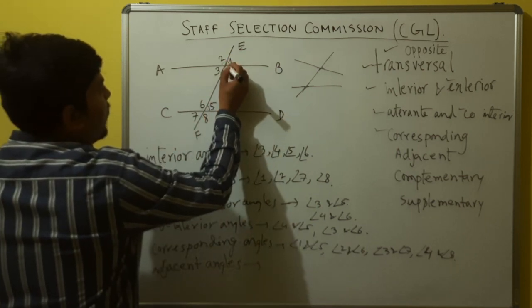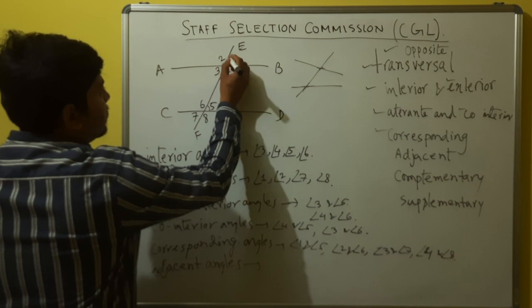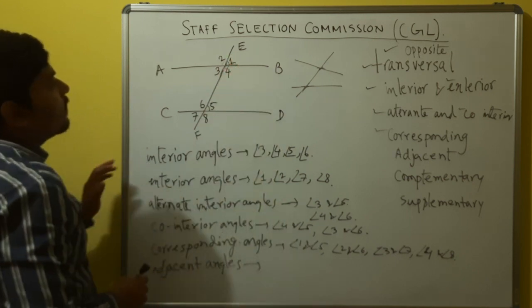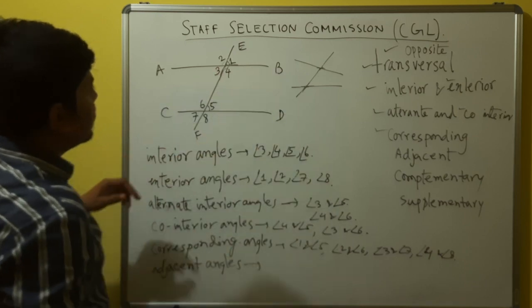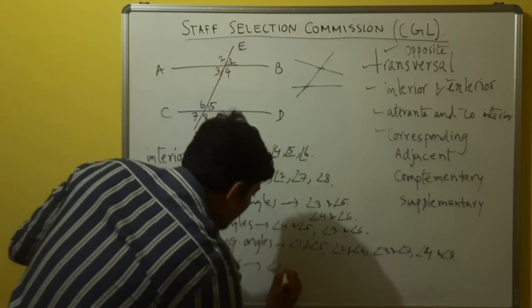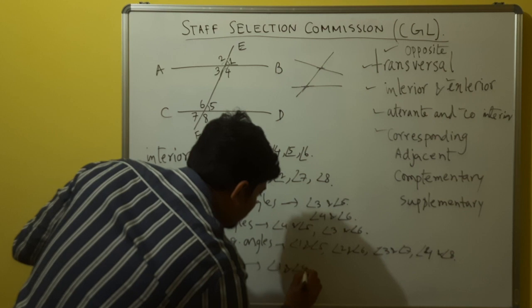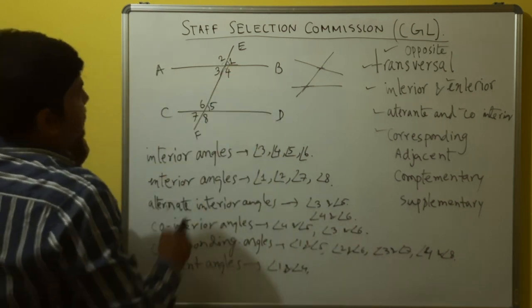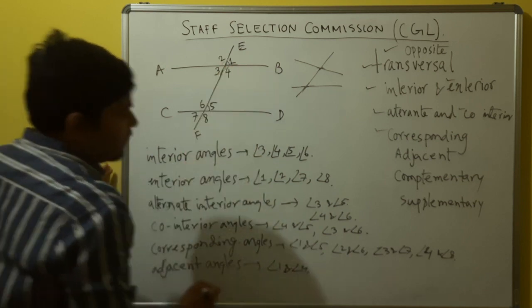These two angles, 1 and 4, are on the same line, this line, and they are sharing one common arm, this arm. So 1 and 4 are adjacent angles. Similarly, 1 and 2 are also adjacent angles.